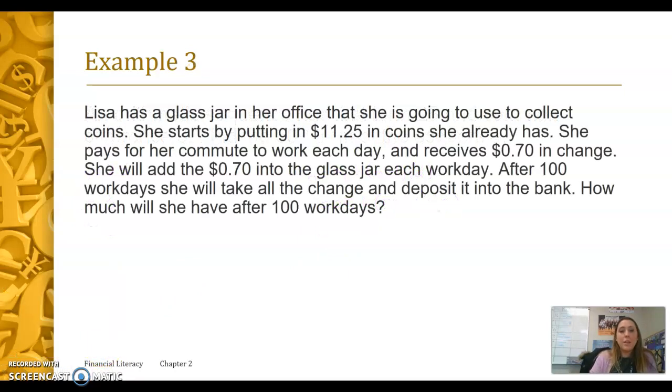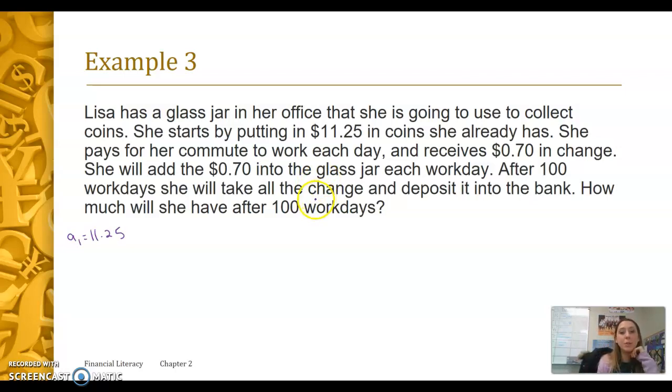Okay, so now we're going to do this. Go ahead and try to do this example on your own before we do. It says that Lisa has a glass jar in her office that she's going to use to collect coins. She starts by putting in $11.25. So our a sub 1 is going to be $11.25, because she already has those coins and that's where she's starting. So our starting point, or our first term, is $11.25.